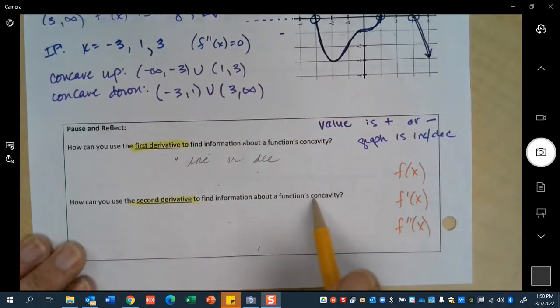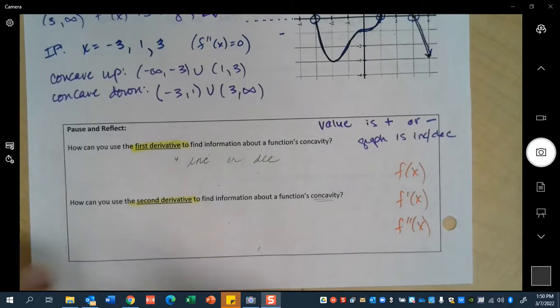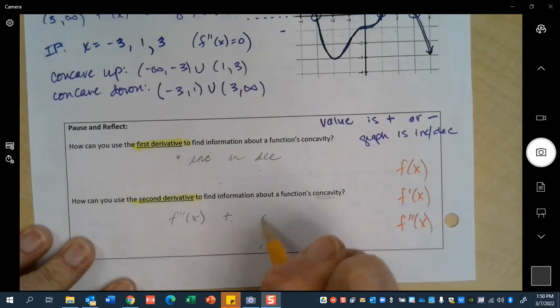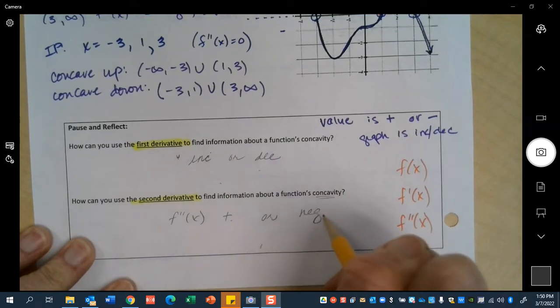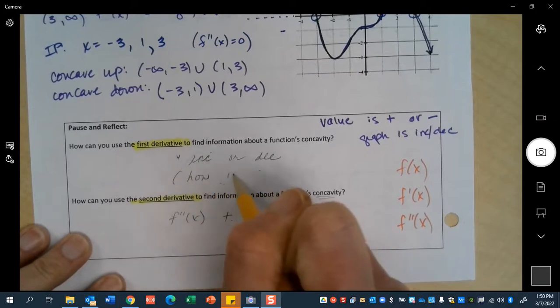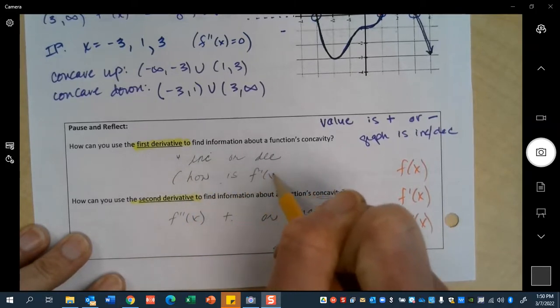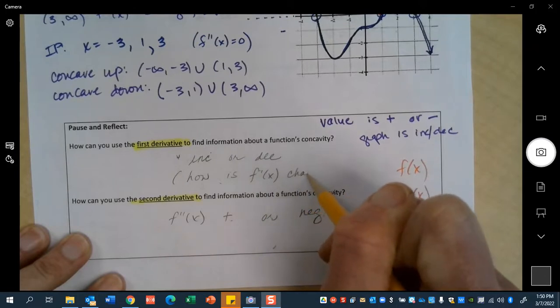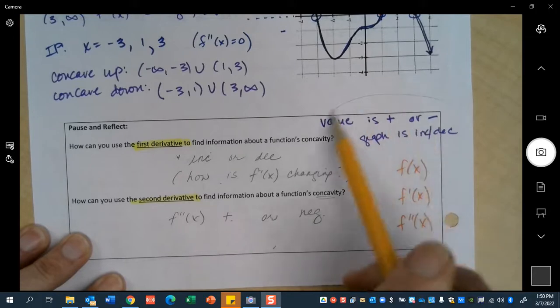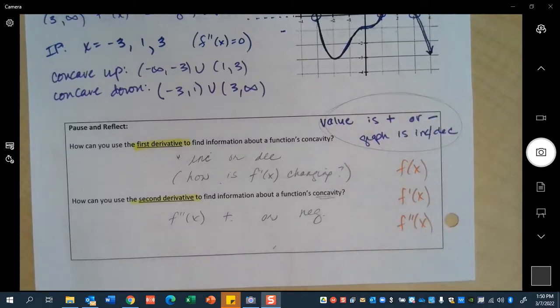If I'm looking at concavity for my second derivative, I have to look at, is my second derivative positive or negative? So this is, how is f prime of x changing? And these are always your two conversations that you're having with yourself. Am I looking at a positive or a negative value? Or am I looking at an increasing and decreasing story?